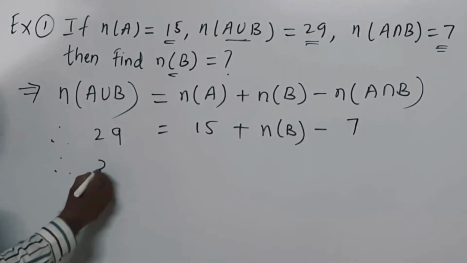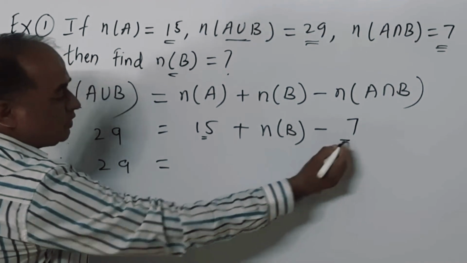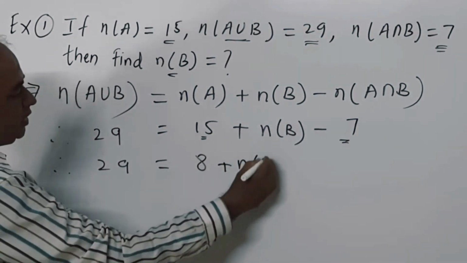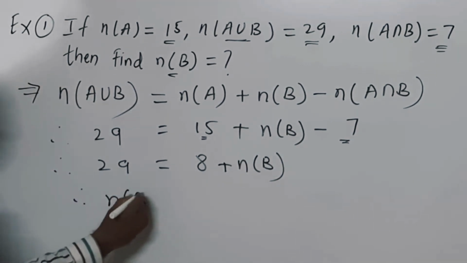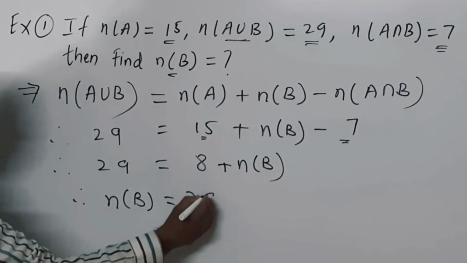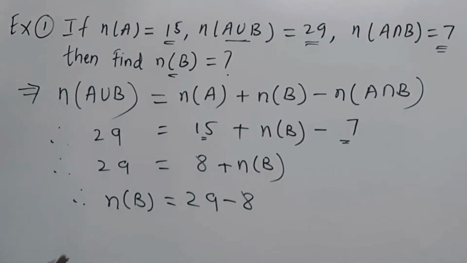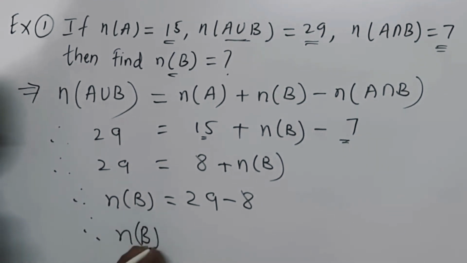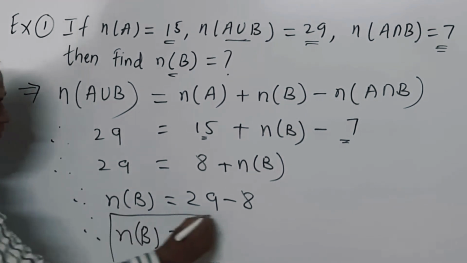Therefore 29 is equal to 15 minus 7, which is 8, plus the number of elements in set B. Therefore the number of elements in set B is equal to 29 minus 8, which is equal to 21.